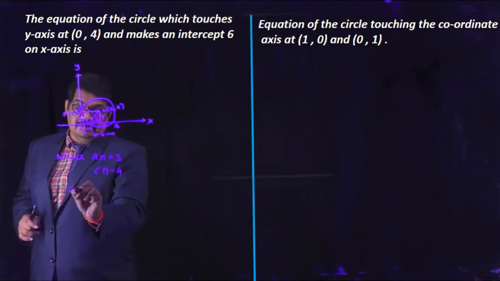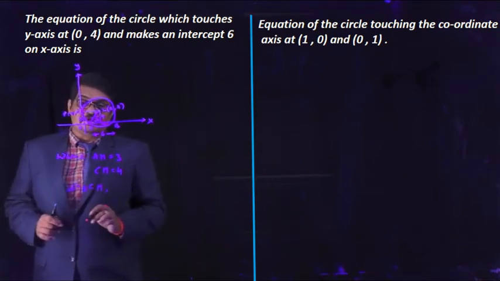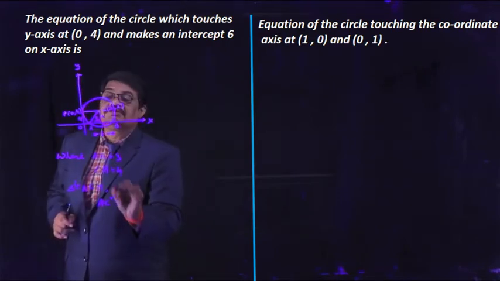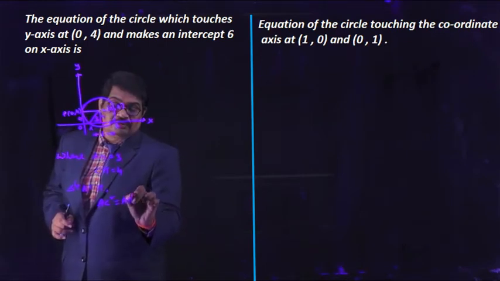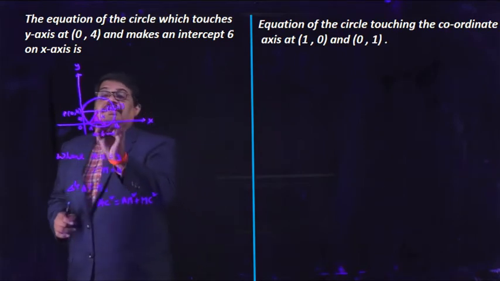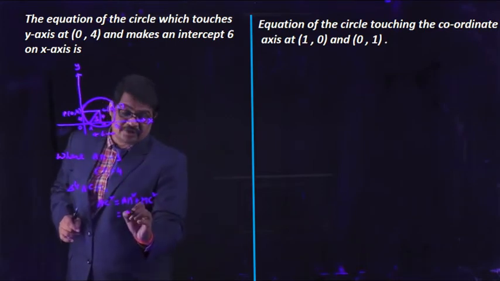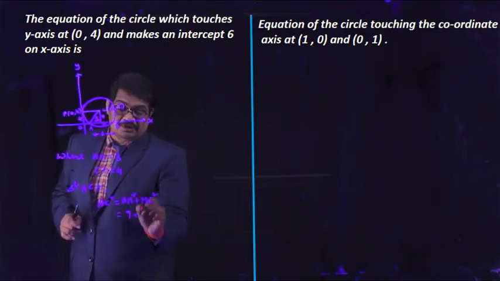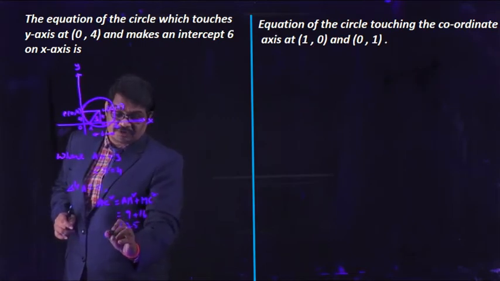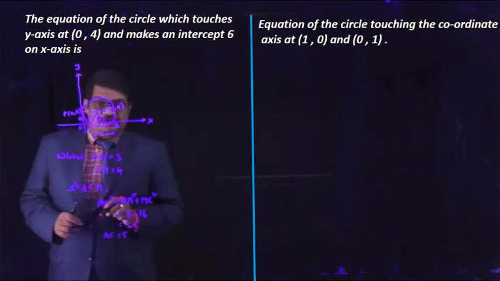From this right angle triangle ACM, AC square is equal to AM square plus MC square. AM is 3, 3 square is 9, and MC is 4, 4 square is 16. This is 25. What is AC? It is 5. This length of AC is 5 units.